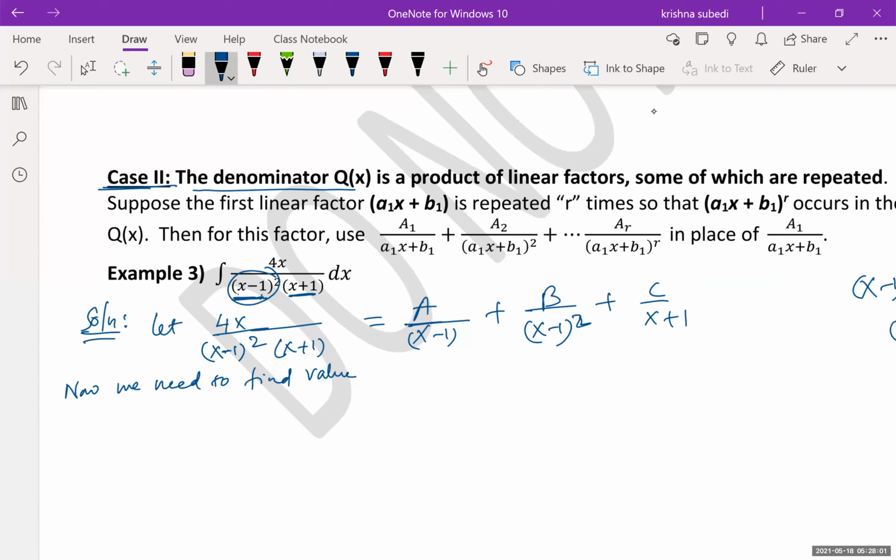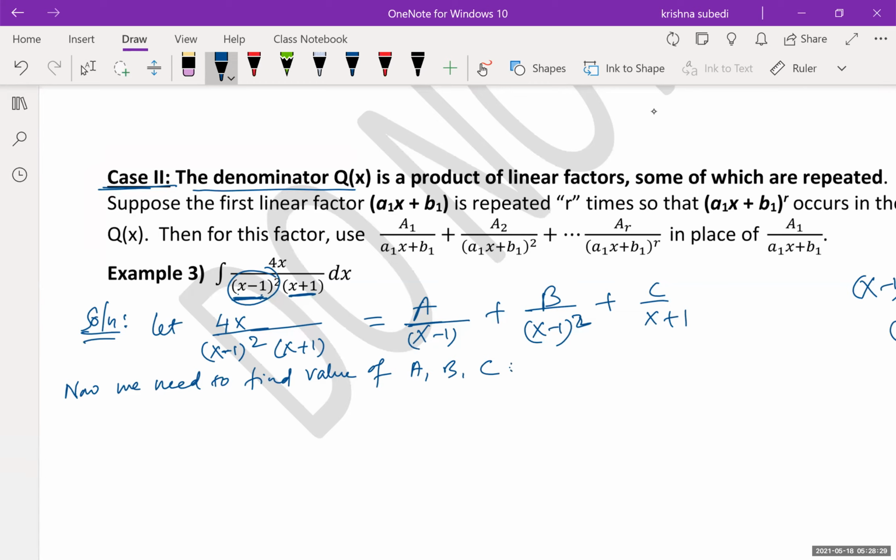So here, if instead of x minus 1 squared there is a cube, then what we have to do is we have 4 factors actually. We'll write a over x minus 1 and b over (x minus 1) squared plus c over (x minus 1) cubed plus d over x plus 1. So we'll have 4 factors.